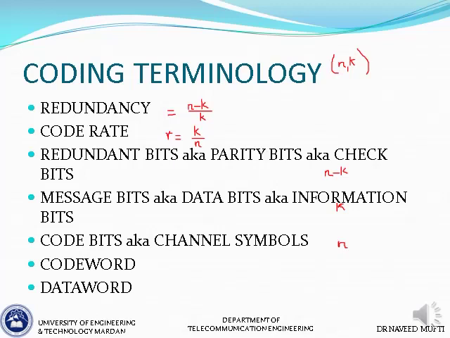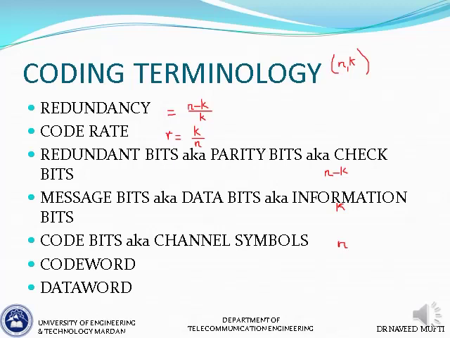So a data word is basically a block or a collection of data bits, whereas a code word is longer than a data word, and a code word is basically a block or a collection of coding bits or code bits. So a code word is longer than a data word because a code word also contains, in addition to data bits, parity bits.